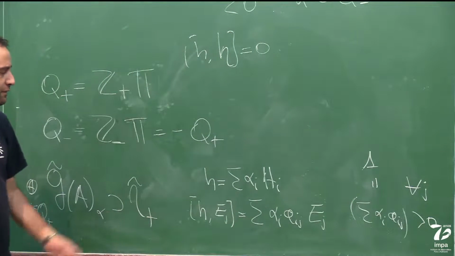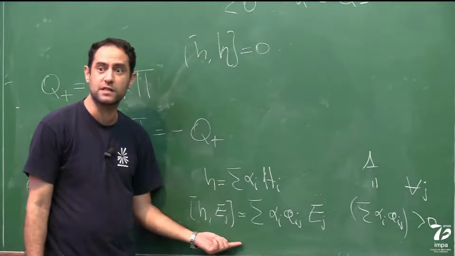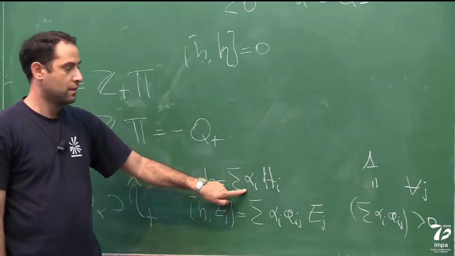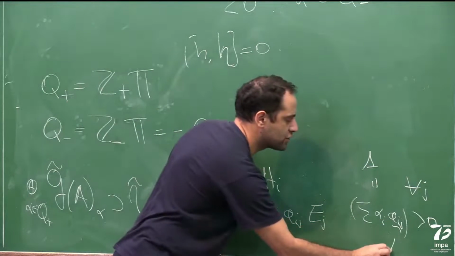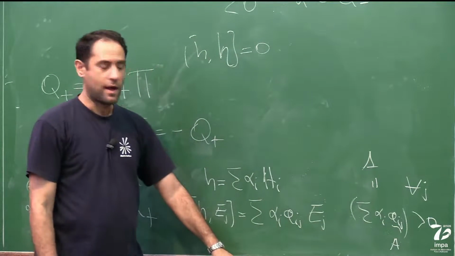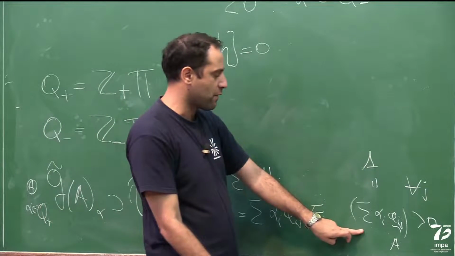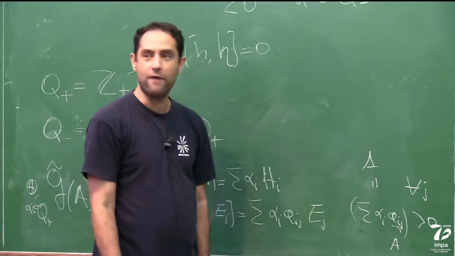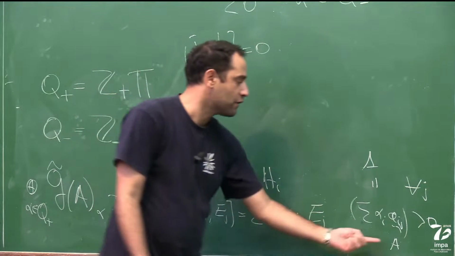And we know that we can solve it because this is a linear system of equations. I'm looking for the alpha I's. So this is the datum, the matrix, the Cartan matrix A. And I'm trying to solve this linear system of equations, which is the sum of alpha I, AIJ, is equal to 1 for every J. And A is an invertible matrix.